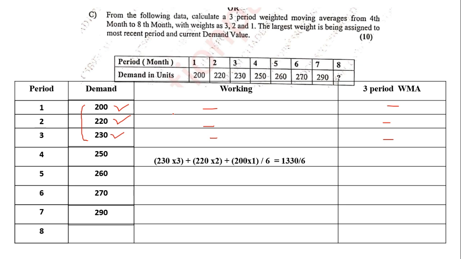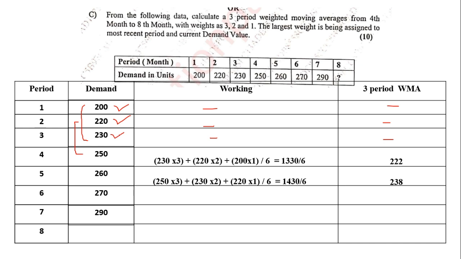Divided by 6, we get the value 222. Now we go ahead and take the next 3: 220, 230 and 250. 250 is the latest one, so 250 into 3 plus 230 into 2 plus 220 into 1. The total comes to 1430 divided by 6, so we get 238.